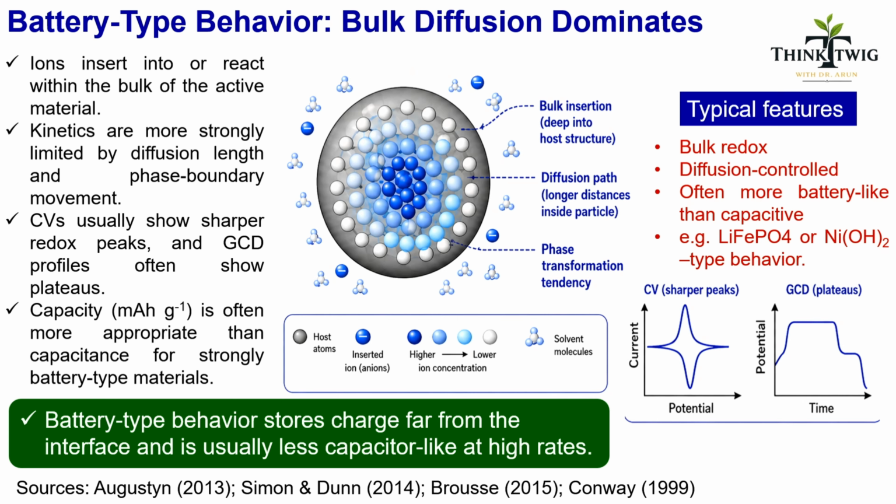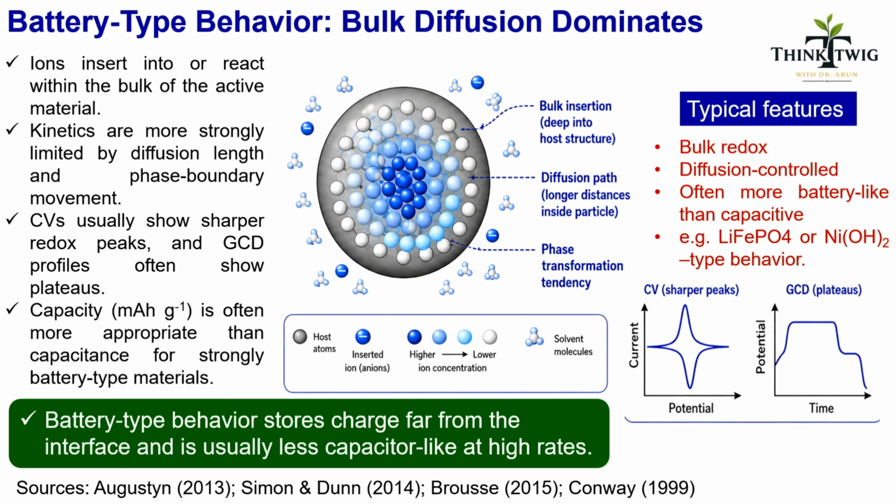Again, the purpose is not to create rigid boxes around every material. The purpose is to understand what is controlling the charge storage. If bulk insertion or bulk redox becomes strongly diffusion controlled and the response begins to show clear battery-like characteristics, we should describe the mechanism accordingly.